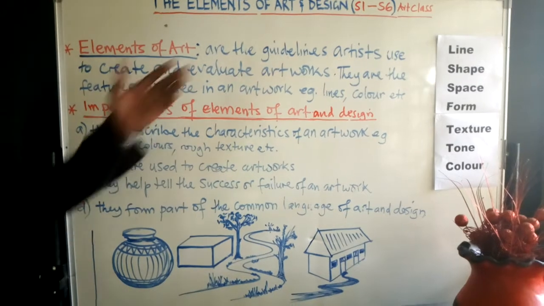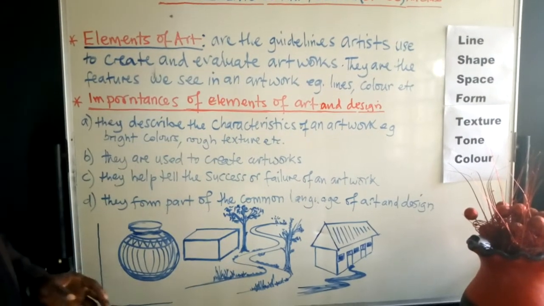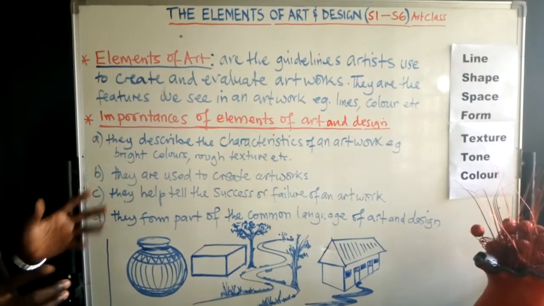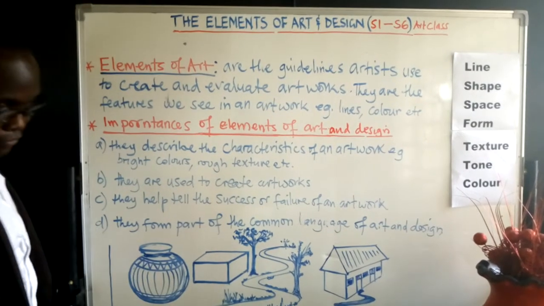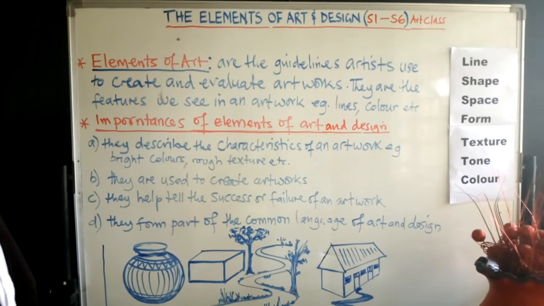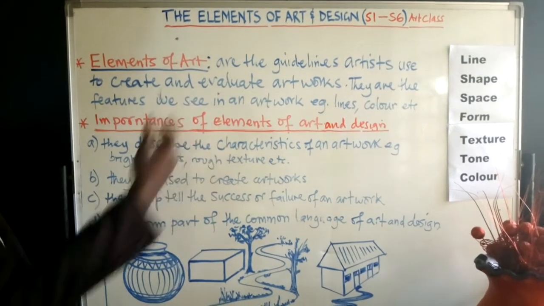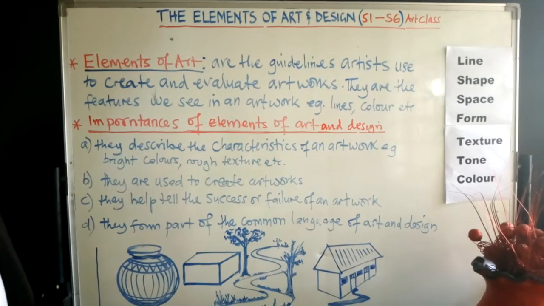Now, what is line? Line is simply a continuous mark that you create on a surface towards a specific direction. Look at how I've used line here to show you how best line can be utilized to create an artwork. This is a road. Then shape is simply the appearance of an object in 2 dimensions.